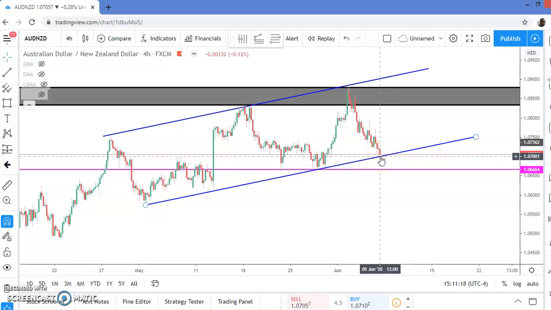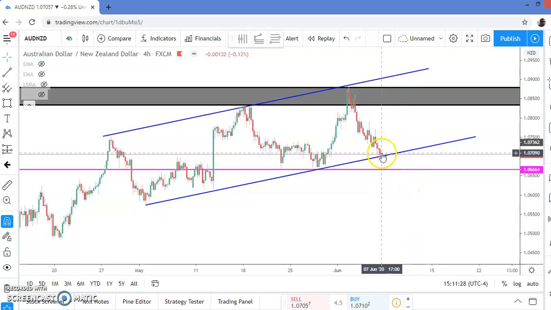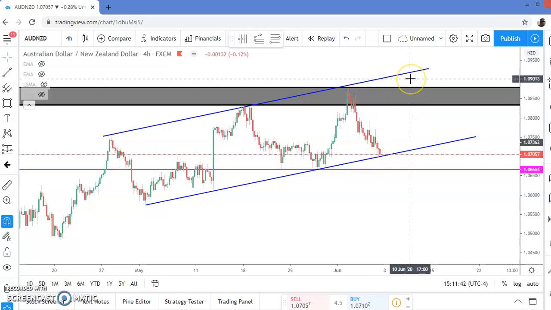So what I would do is wait to see if it breaks this channel, retests, and goes down, or bounces off of this support area, because essentially this trend line is another support level, and rallies up.